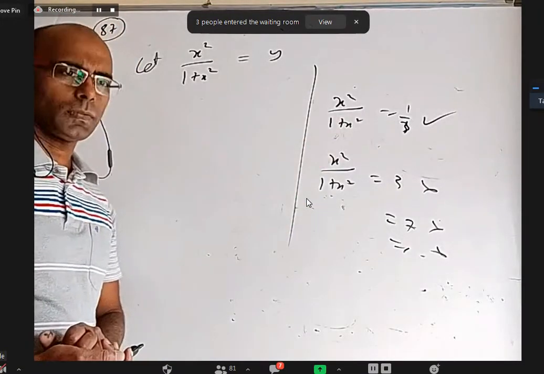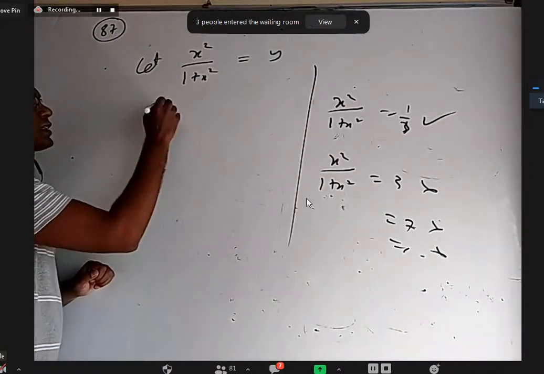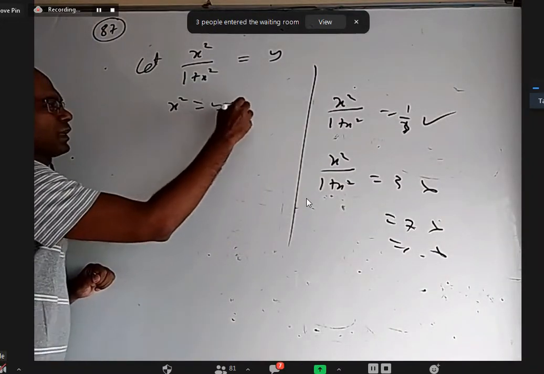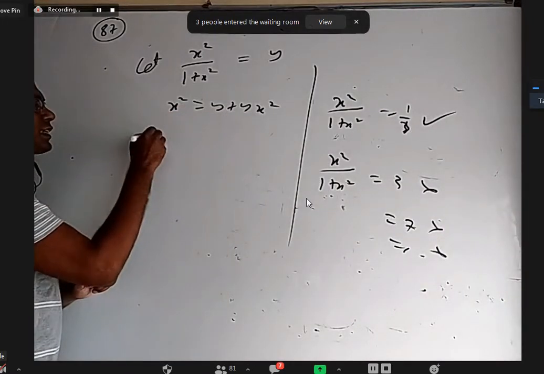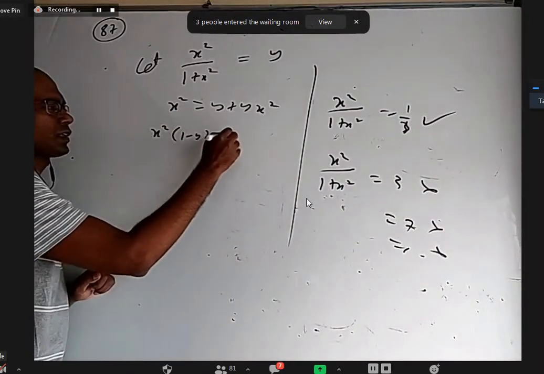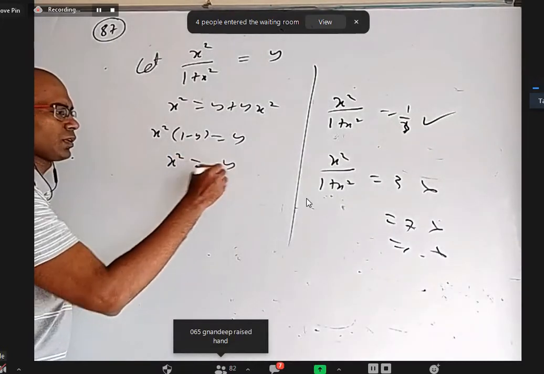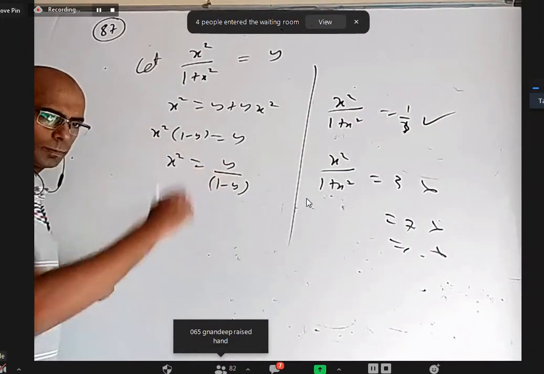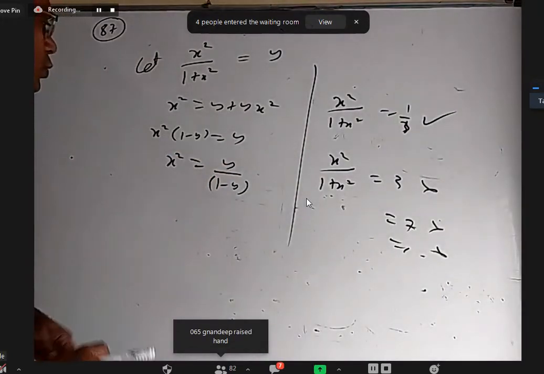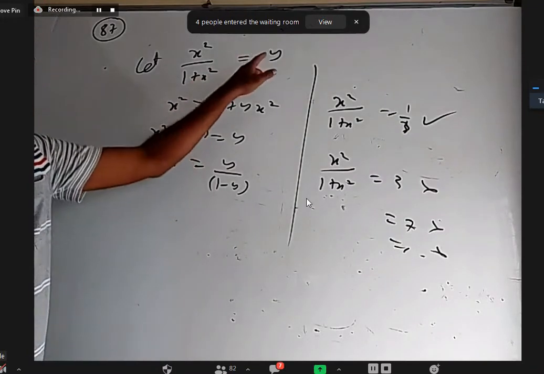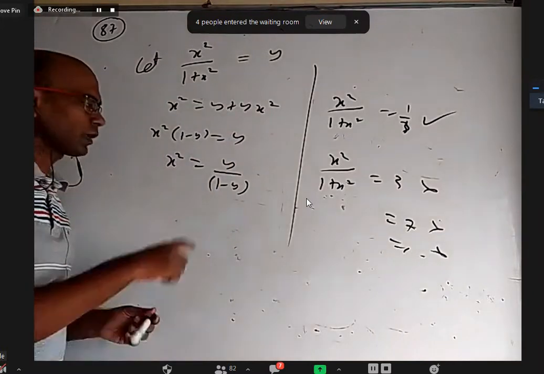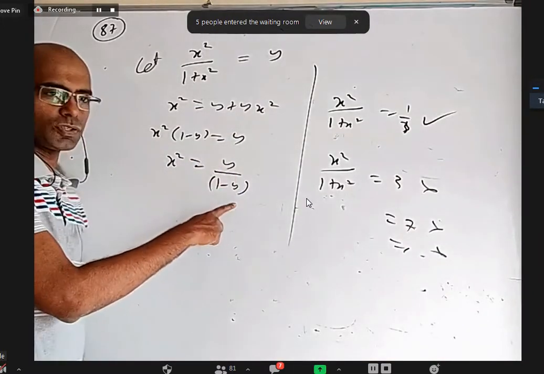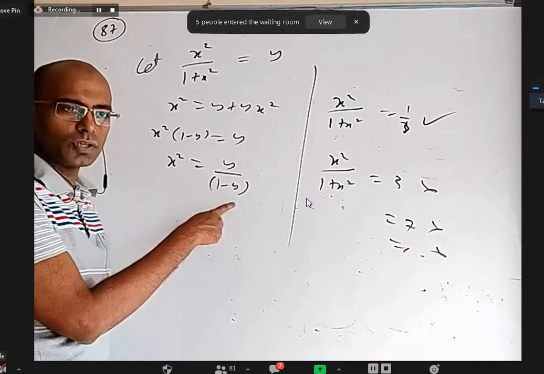Yes, sir. Okay. Now coming to this, I'll get x square equal to y plus yx square. Bring this to this side, you'll get x square into 1 minus y equal to y. X square equal to y by 1 minus y. So any value for y is okay, provided this thing is positive, because x square should be positive or 0.